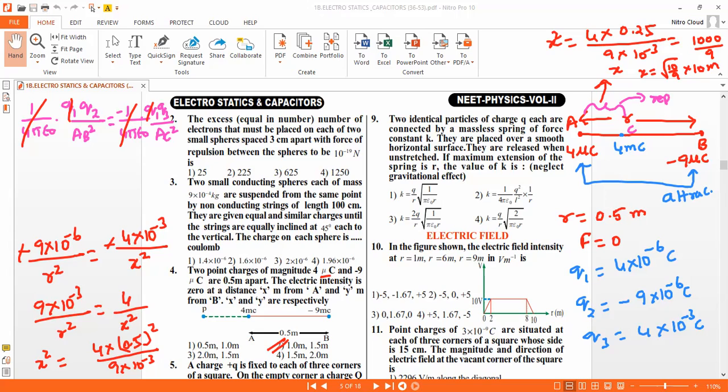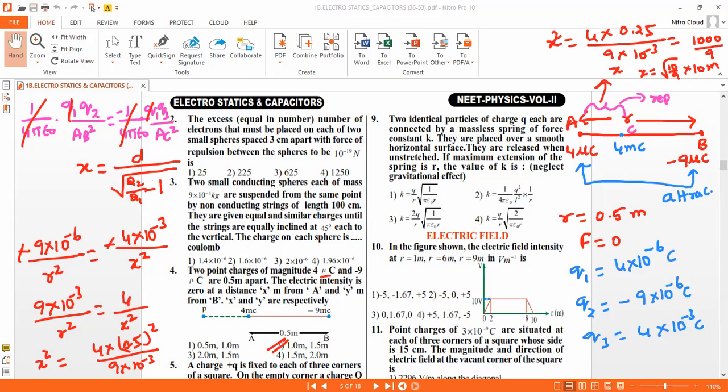Or else, here you can use the direct formula. The shortcut is d by under root q2 by q1 plus or minus 1. If both are positive charges or like charges, then it will be plus. If both are unlike charges, and here it is unlike charges, so I will use minus 1.